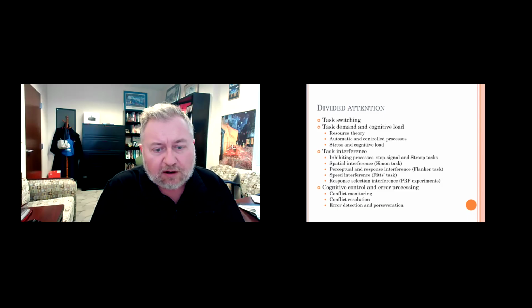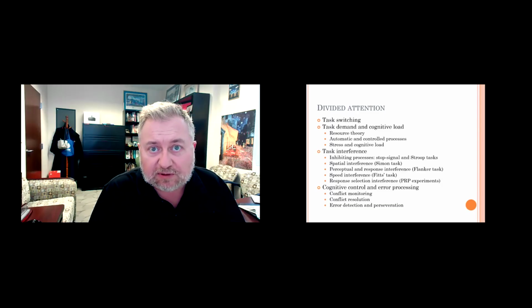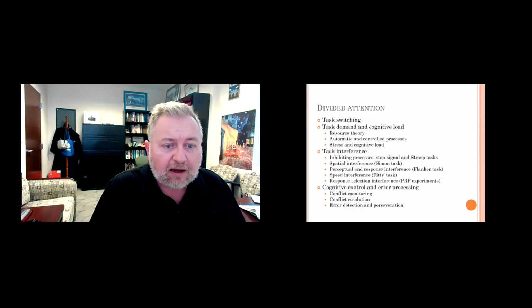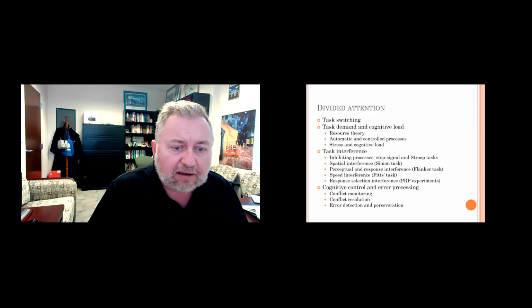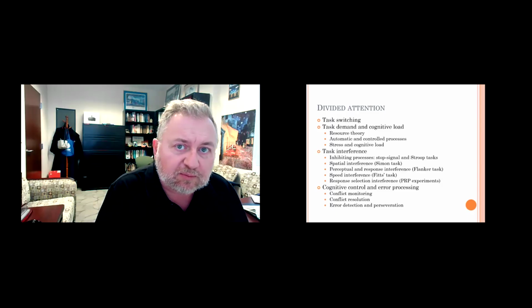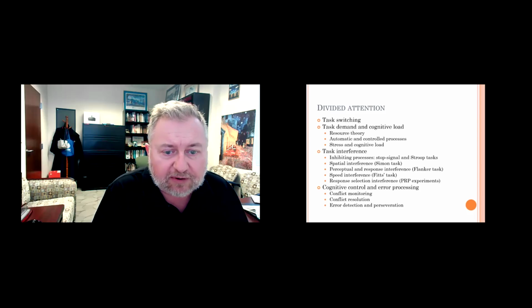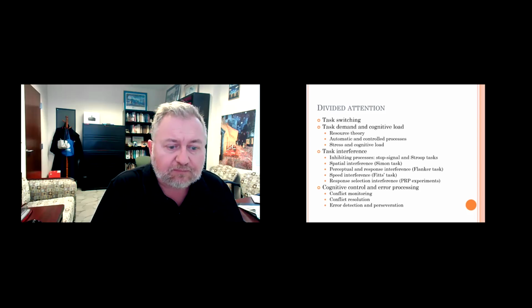So we saw some very basic interference happening in the stop signal task and the Stroop task. The Stroop task in particular is a good example of trying to inhibit an automatic process of reading by performing the controlled process of color naming. So we see a good example of automatic and controlled processing there too.